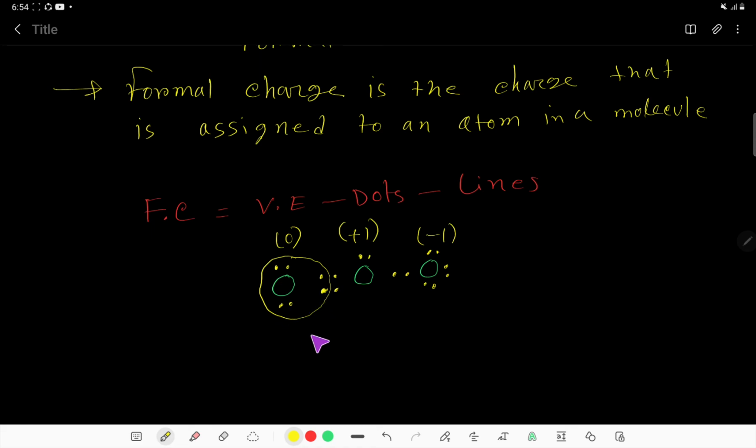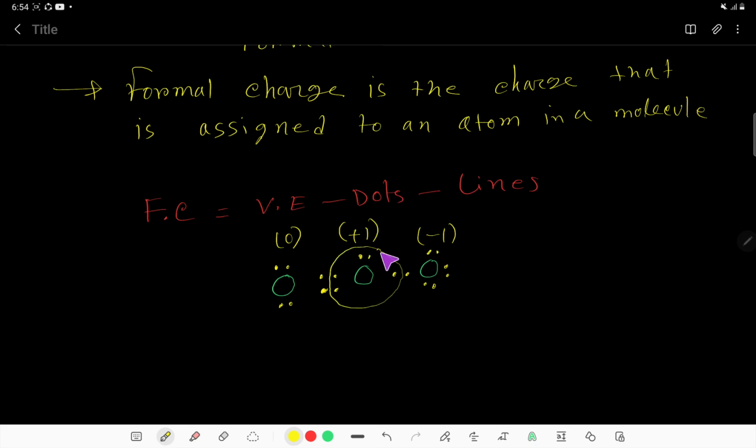So look, in a neutral atom of oxygen, we have 6 valence electrons, but here we have assigned how many valence electrons? 2, 4, 6. 6 minus 6 gives us 0 formal charge, right? So now find out the formal charge for this oxygen. We have to draw a circle.